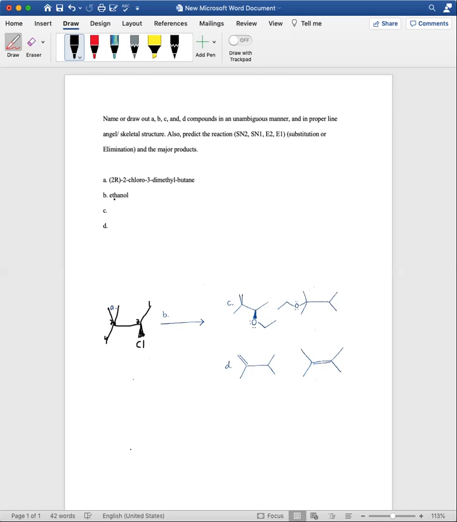So B is ethanol. It means we have an alcohol here, we have OH. I'm going to draw out OH. I'm sorry, it's just not very good.